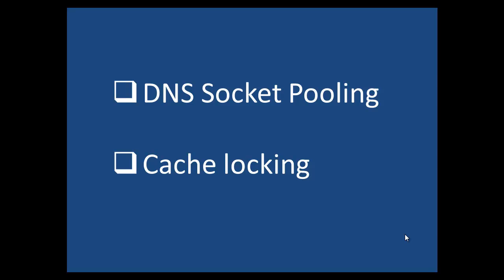Now let's take a look at what happens when a query is made to a DNS server. A query is sent to the DNS server, and that server sends the query to the authoritative DNS server. That is the server that has the record that you're looking for.